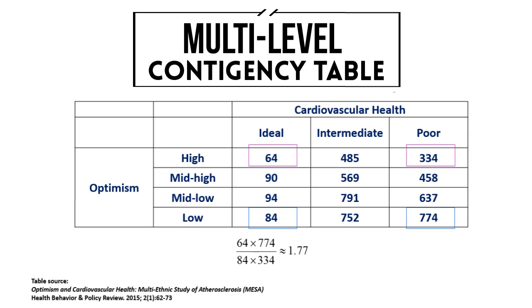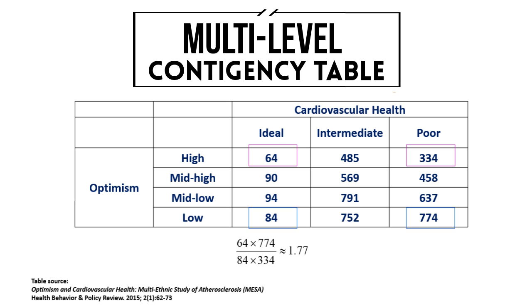We will choose poor CVH. Then, the 4 highlighted numbers form the appropriate 2x2 table. Using the cross-product formula, the odds ratio for ideal CVH between high and low optimism is 1.77. This confirms our expectation that the high optimism group has a lower risk of heart problems.